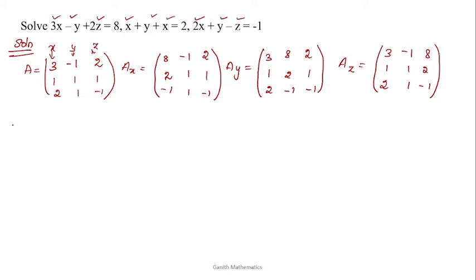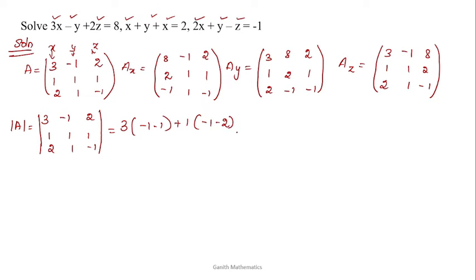Okay, so first is determinant of A. That is determinant of 3 minus 1 2, 1 1 1, 2 1 minus 1. You can take any row or column to find the determinant of this matrix. So I am going to take the first row: 3 into minus 1 minus 1, plus 1 into minus 1 minus 2, plus 2 into 1 minus 2.